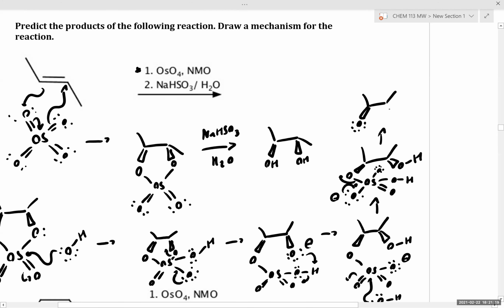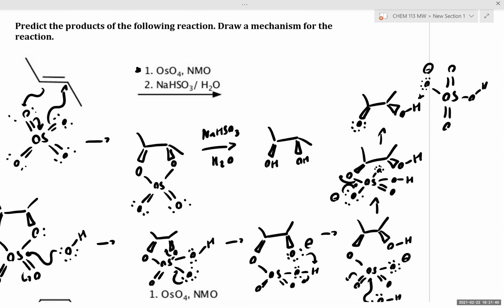So we get to the alkoxide, we've cleaved off our osmate ester, and then from there, your oxidizing agent will oxidize your osmium back up so that way it can continue on the catalytic cycle. The NMO essentially reoxidizes this osmium intermediate back up to osmium tetroxide. Does that answer your question?